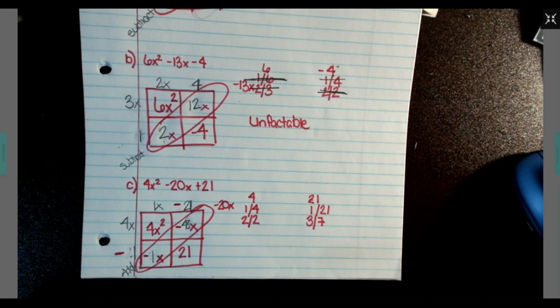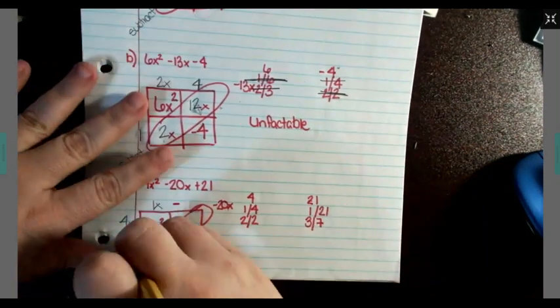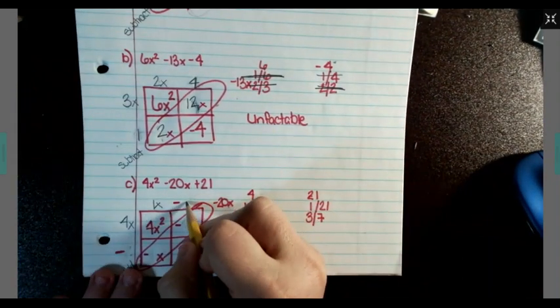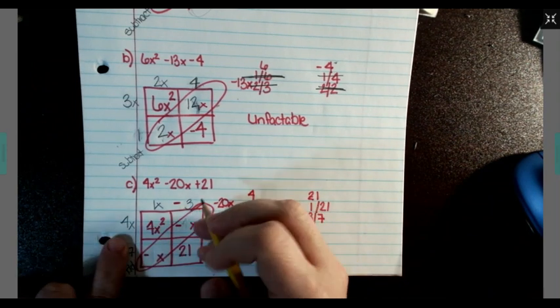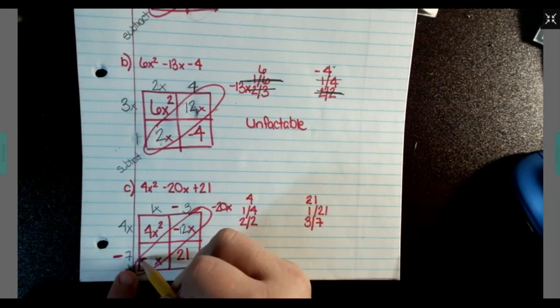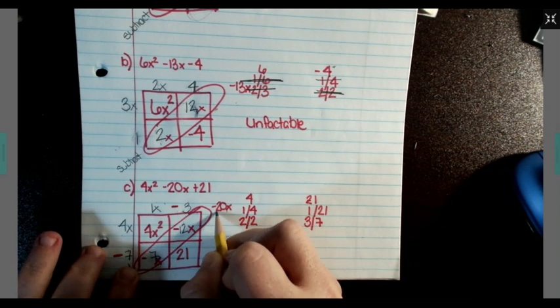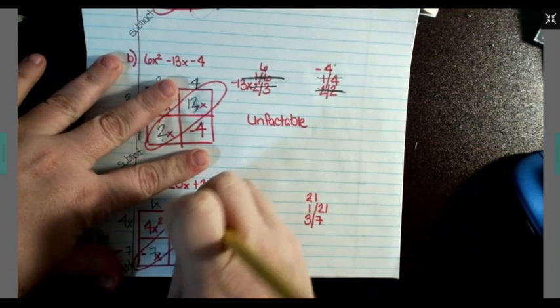So let's go to the 3-7 combo here on the constants. Let's put 3 here, 7 here. Well, 3 times 4 is 12. 1 times 7 is 7. That gives me 19 on that diagonal. That doesn't help me. Let's switch those around.